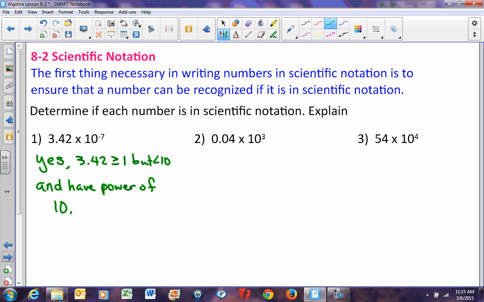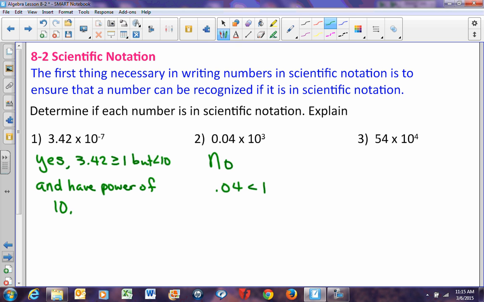If we look at number 2, we have a power of 10, so it checks off that box. But 0.04 is not greater than or equal to 1. So this is not in scientific notation because 0.04 is less than 1. It has to be greater than or equal to 1.